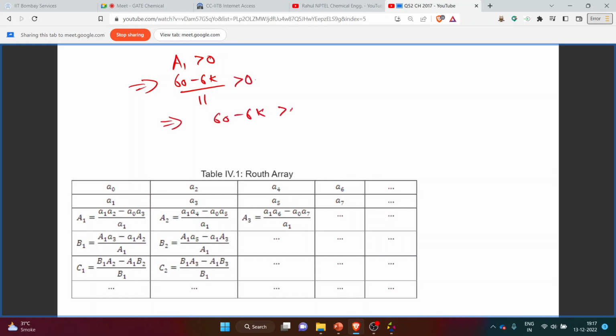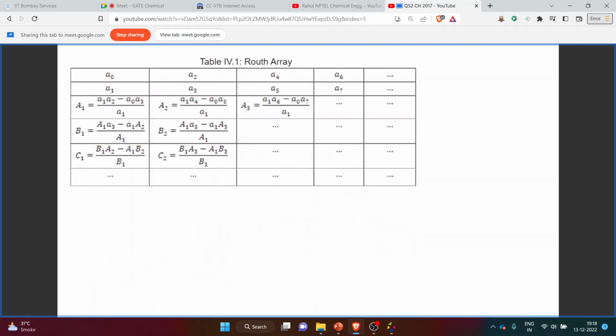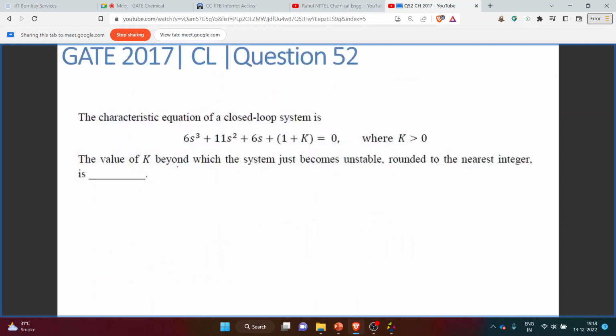That is, 60 minus 6k should be greater than 0, that is, 6k should be less than 60. That will give us k should be less than 10 for stability. So the final answer is that the value of k beyond which the system just becomes unstable, rounded to the nearest integer, will be 10.